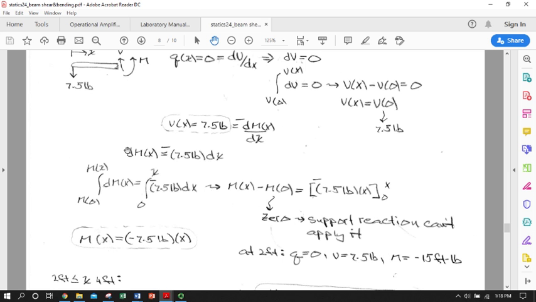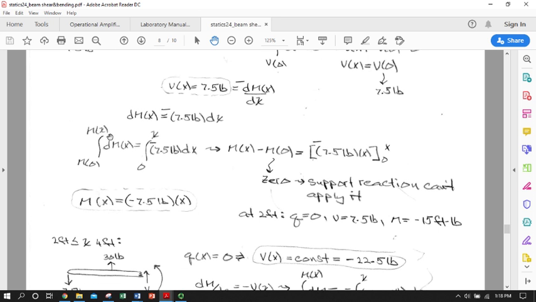So dM, which is a function of x, is equal to negative 7.5 pounds dx. This is basically the same as this expression, except differential form rather than derivative form. They're totally equivalent, but it makes it much easier to set up a definite integral.